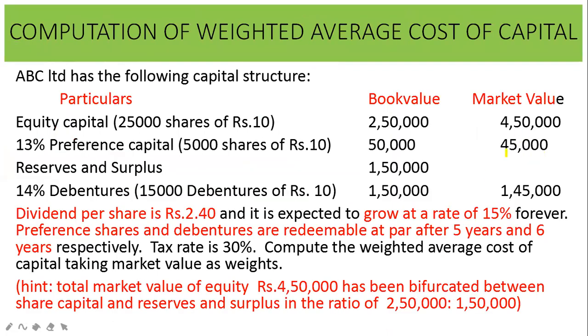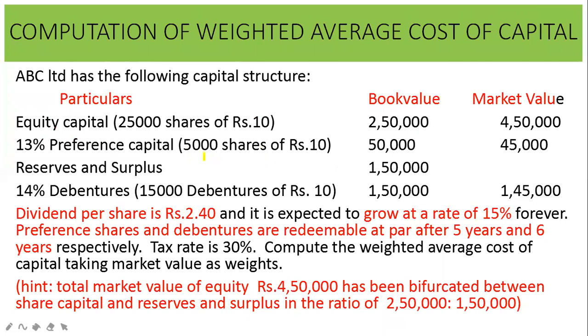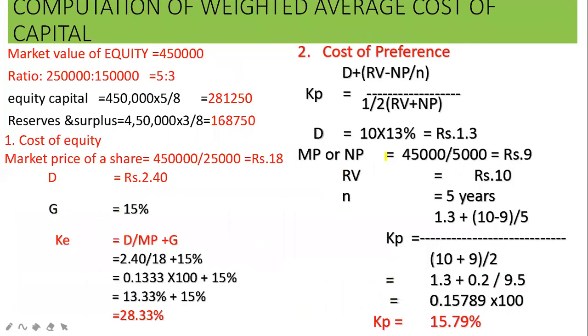So here 45,000 is the total market value of the preference capital. Now to calculate the market price per preference share, 45,000 is to be divided by 5,000. What is this 5,000? 5,000 is the number of preference shares. Now by dividing these two you will arrive at a figure of rupees 9. This is the market price of a preference share.